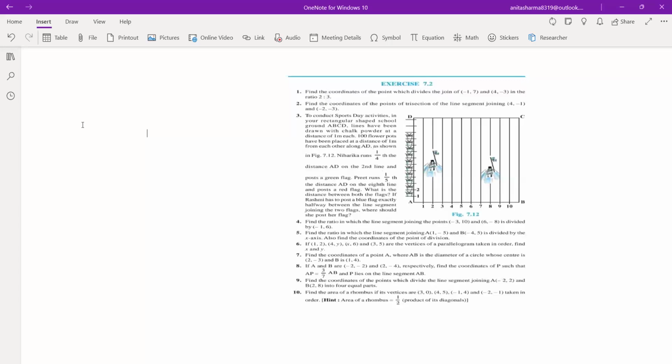So first of all, you will find the coordinates of Niharika and Preet. Okay. So Niharika is here, this point. So coordinates of Niharika will be, tell children. Along x-axis, she is in second row, right? Yes, ma'am. And y-axis, it is saying 1/4 of the distance AD. So it means x coordinate is 2, y coordinate is 1/4 of 100, because 100 flower pots are there.